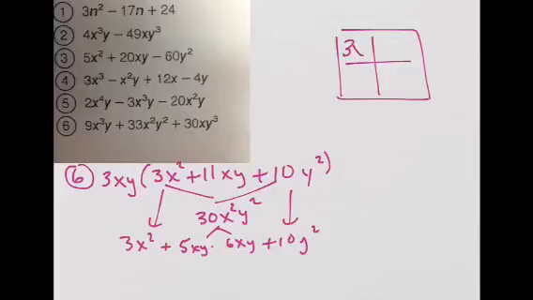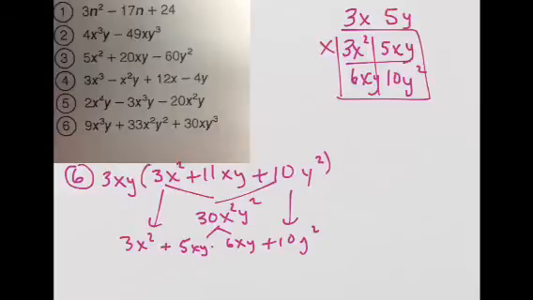So 3x squared, 5xy, 6xy, and 10y squared. So the greatest common factor up here is x. Then something times x is 3x squared, that would be 3x. Something times x is 5xy, that would be 5y.